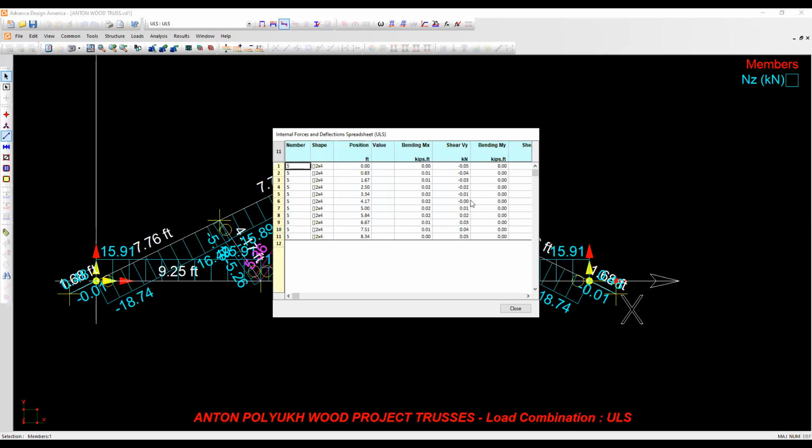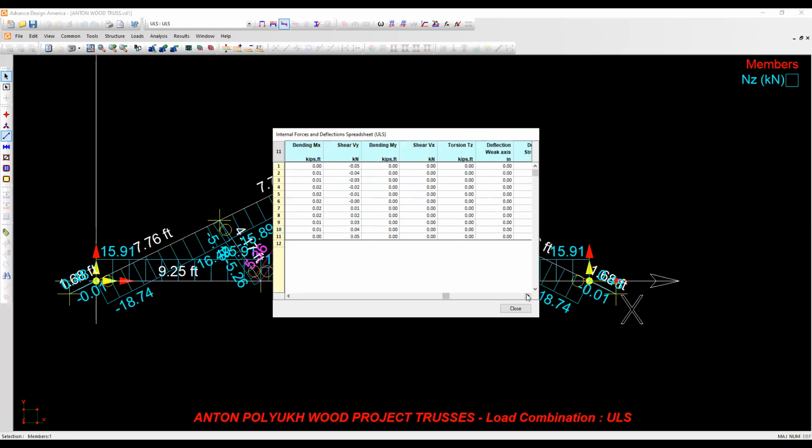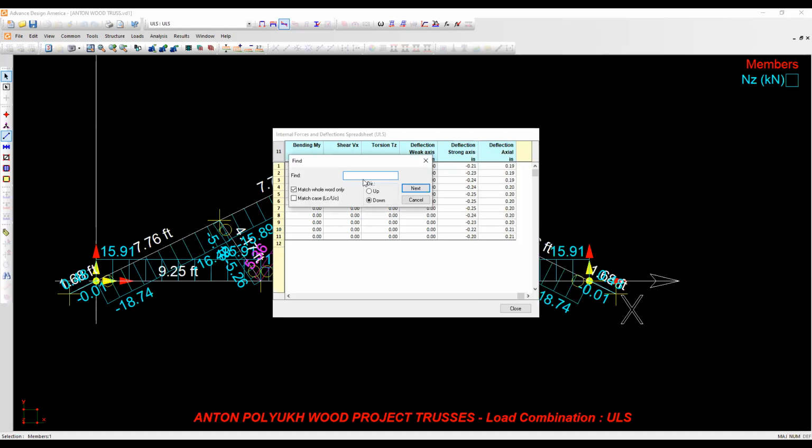I don't know why I can't see it anymore. Usually it's over here. There it is, that's VX. I need NZ. Keep going over. It's not here. I don't know where it's at. What happened to your NZ value? I don't know. Maybe find NZ. Oh, no, forget about that.